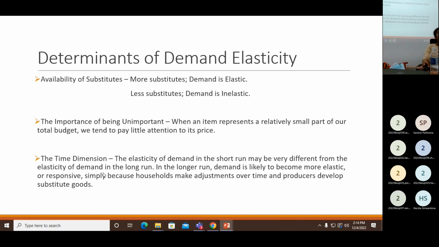The other one is the time dimension. What do you mean by that?